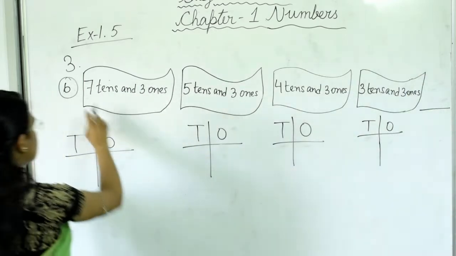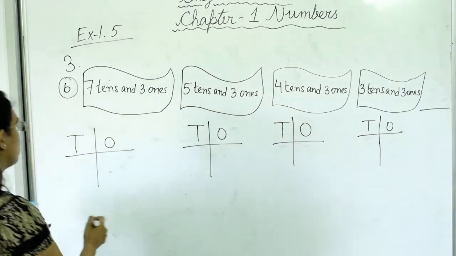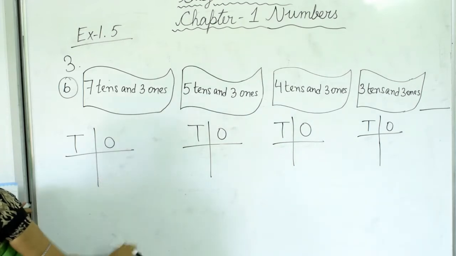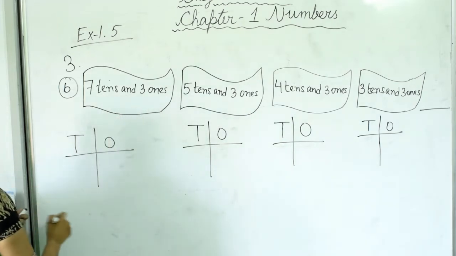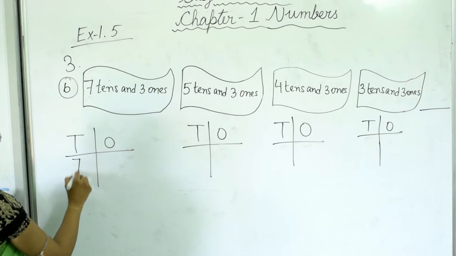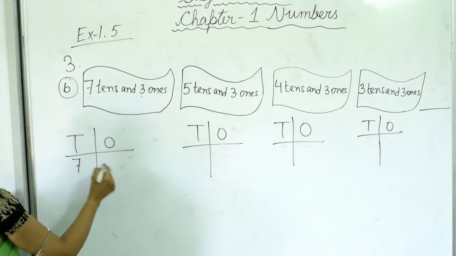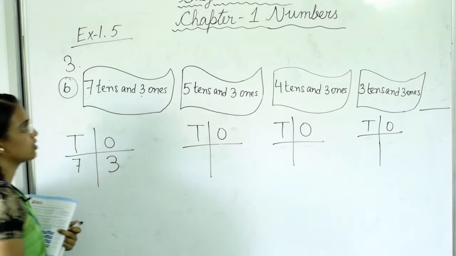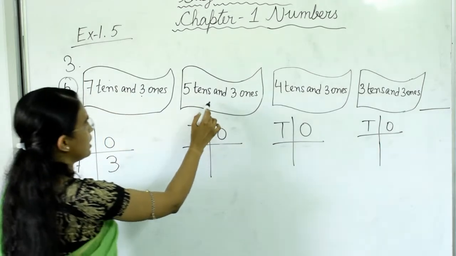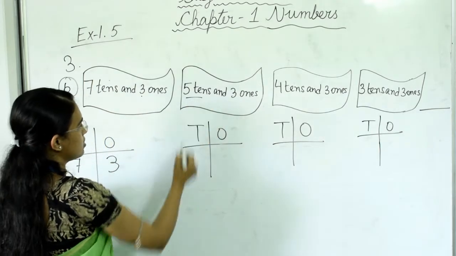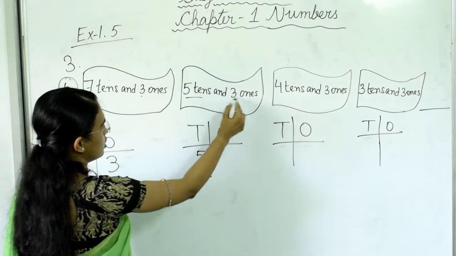So here it is written 7 tens and 3 ones. We have to put the number in tens place and ones place. So 7 in tens place, so we have to put 7 in tens place. Then what is this? 3 ones, so 3 in ones place. Then what is this? 5 tens and 3 ones. 5 in tens place and 3 in ones place.